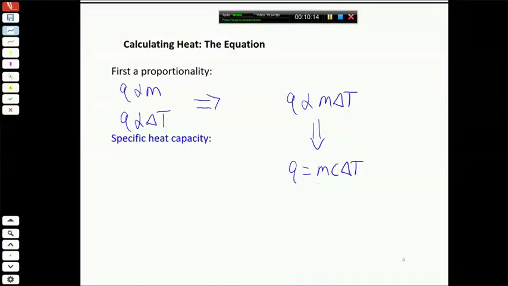All right. So let's talk a little bit about specific heat capacity. That's this lowercase c here that we have in this equation.